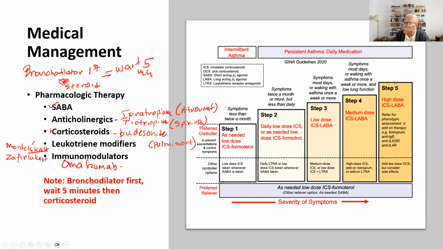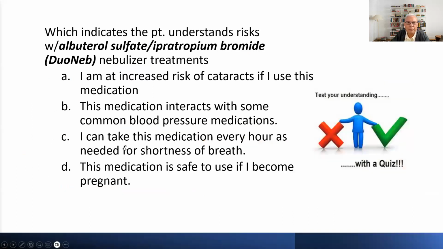And for step 5, you're going to have high-dose inhaled corticosteroids and long-acting beta agonists. So this just tells you the progression of the therapeutic interventions for these patients, which indicates the patient understands risk with albuterol sulfate and ipratropium bromide or DuoNeb nebulizer treatments.